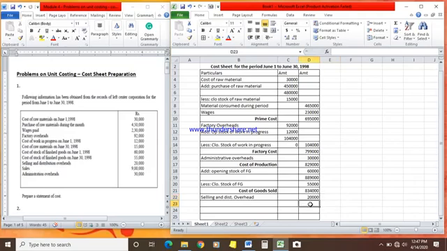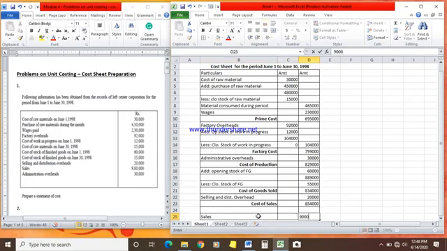So we get here 8,34,000 plus the 20,000 selling and distribution overhead, 8,54,000. So this is called cost of sales. Now for the cost of sales, if we add profit, we get sales.